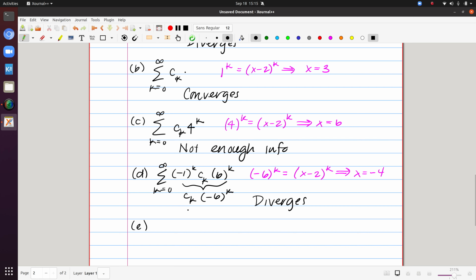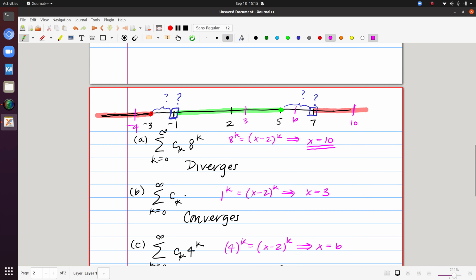And then finally, consider the sum from k equals 0 to infinity of c sub k times 5 to the k. We're trying to take 5 to the k and equate it to x minus 2 to the k, which would give us x equals 7. And notice that puts us at a potential endpoint. We don't know.